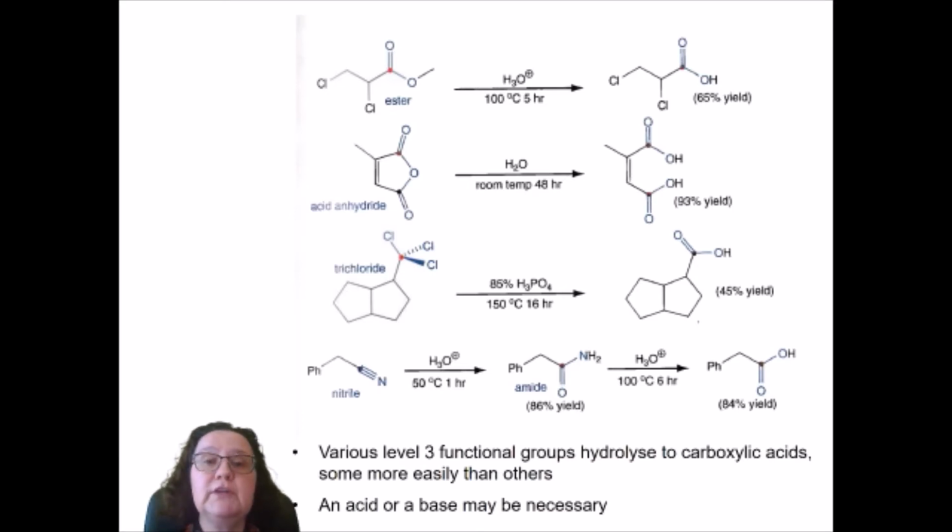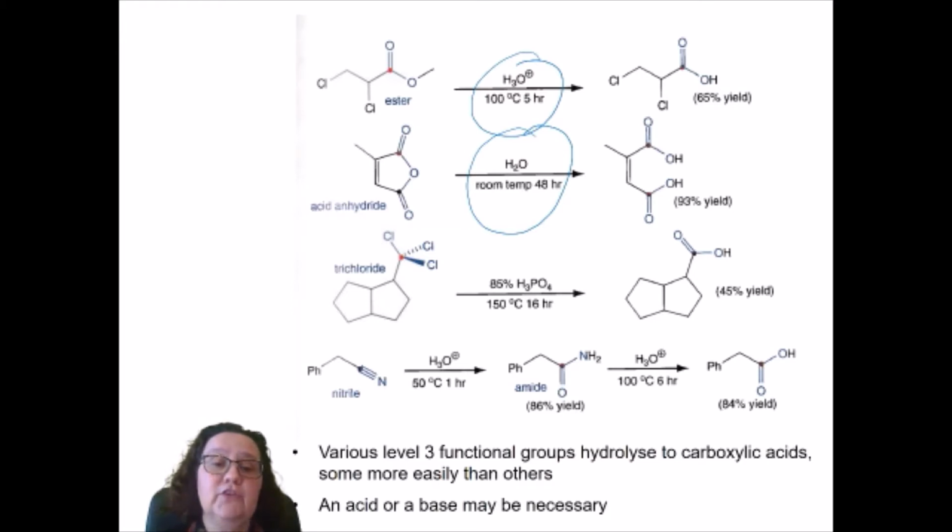So for example, here an ester, you need relatively strong conditions, 100 degrees, while for example an acid anhydride hydrolyzes at room temperature. In some cases, the reaction can happen simply in water, and in others, as you can see from the examples, you might need an acid or a base to facilitate the reaction.